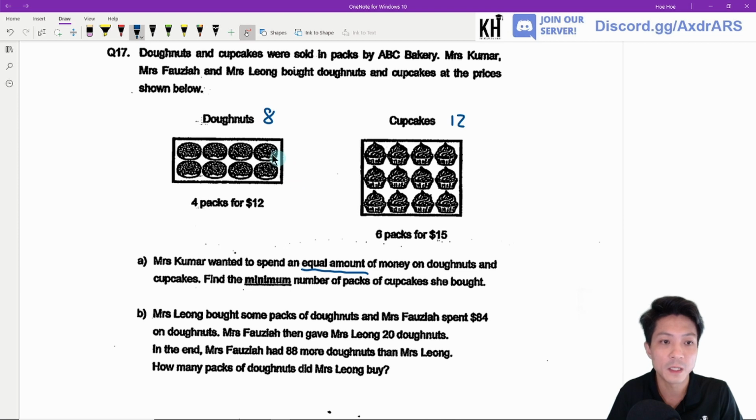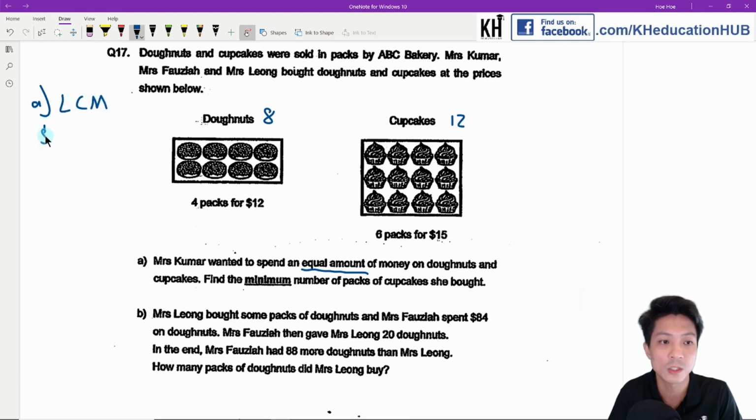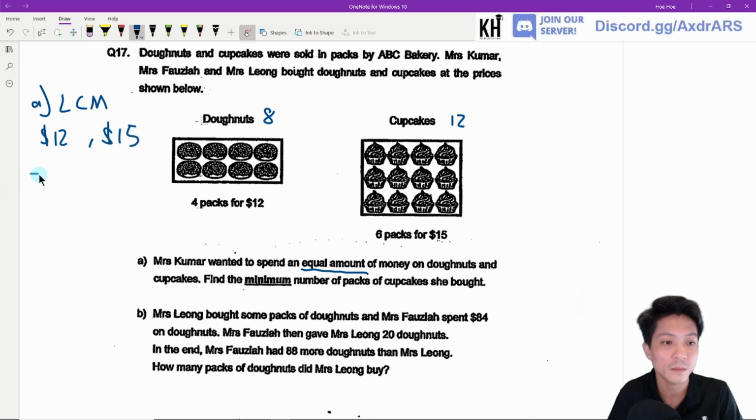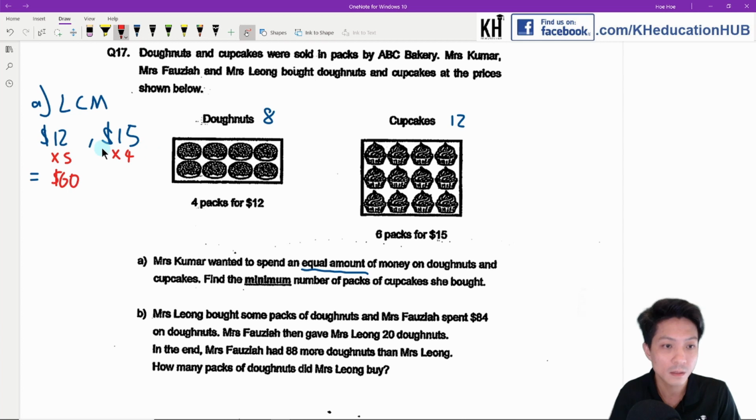So for part A, we need to find the lowest common multiple of $12 and $15. The lowest common multiple would be 3 times 5 times 4, which is $60.